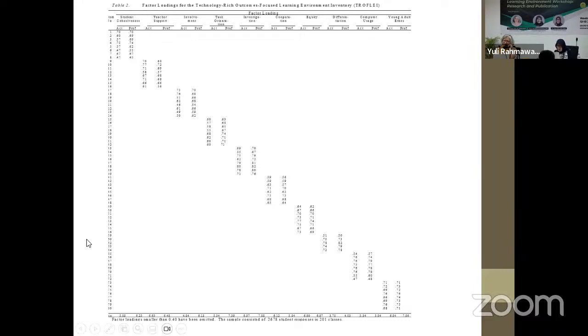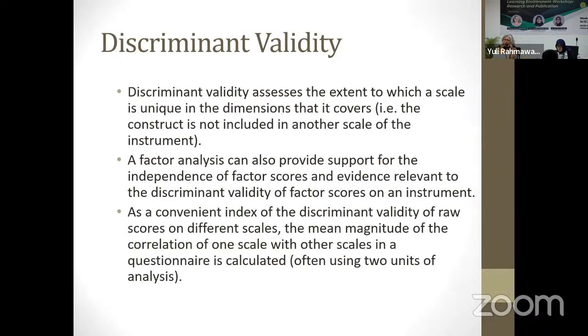It's also giving the eigenvalue of more than one. That should happen. Then for discriminant validity, we look at the unique dimensions that it covers, and factor analysis doesn't do that.